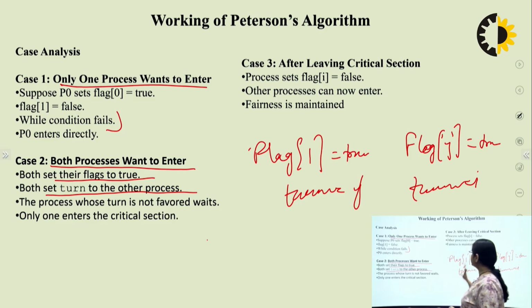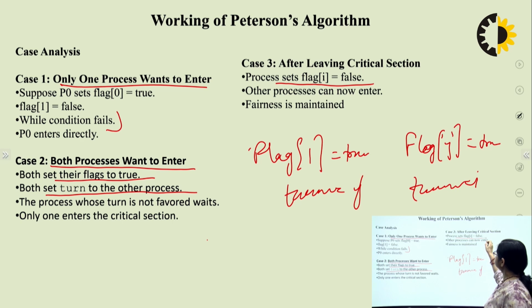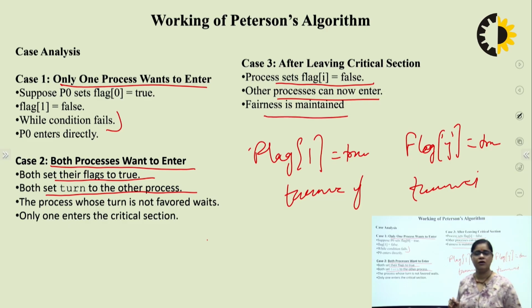Now for case 3, if a process sets flag of I equal to false, the other process can now enter and fairness is maintained. It has been decided which process has got the turn, and only that process is going to enter the critical section.